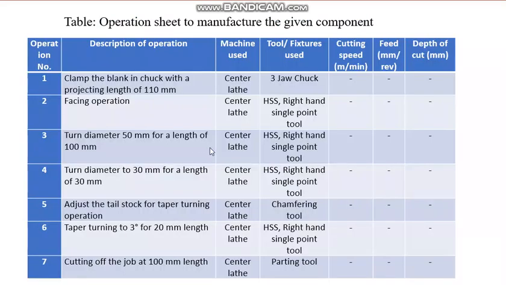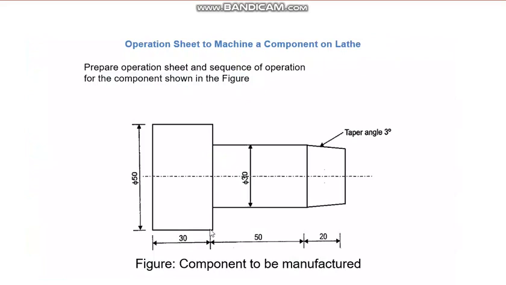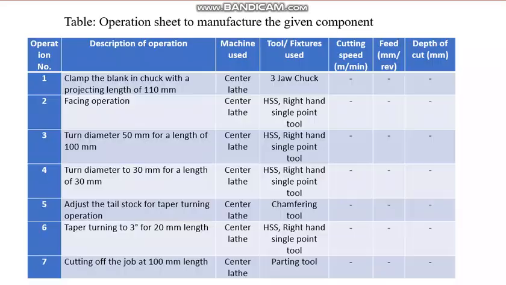For 100 you have to turn 50. That means everything will be this much diameter, cylindrical. That means a 50 diameter cylindrical piece it will become.